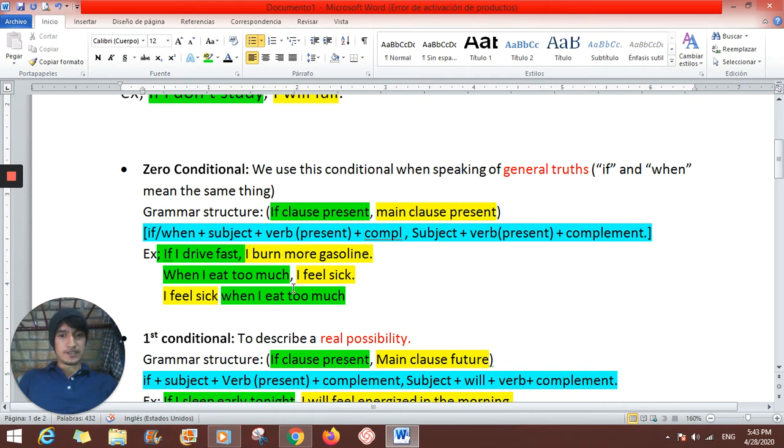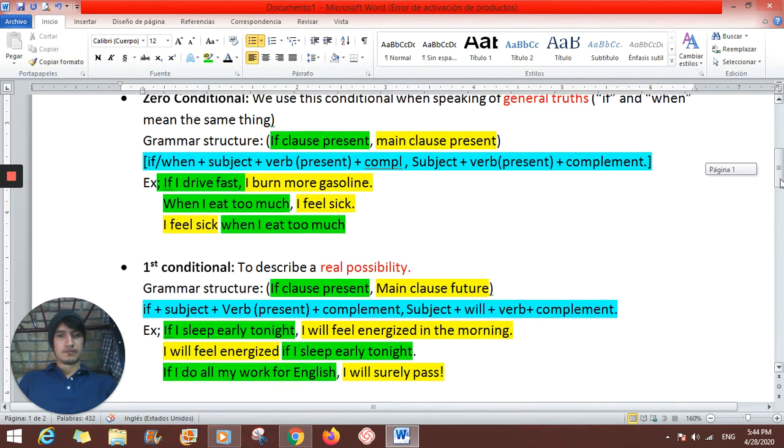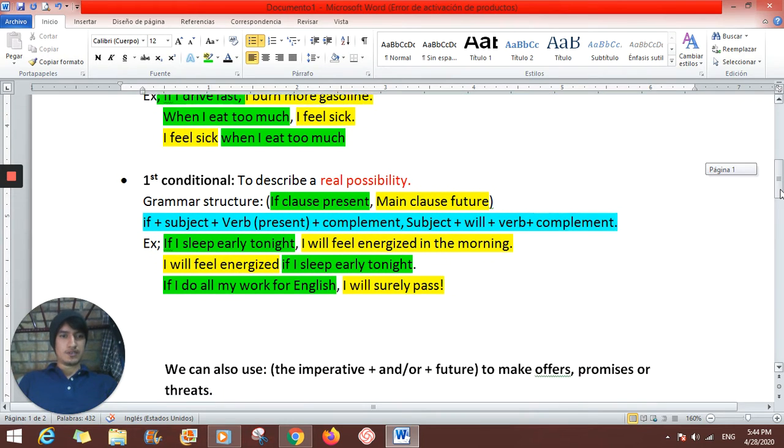The only thing that's different is if you put your main clause or your result first, we do not add a comma. If you add your if clause at the end, we need a comma. You can pause it if you need to write down the formula, okay? And if you don't, let's continue.